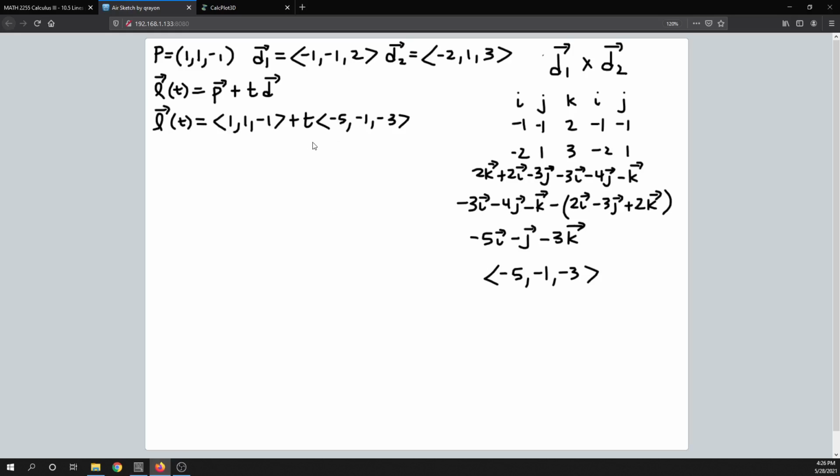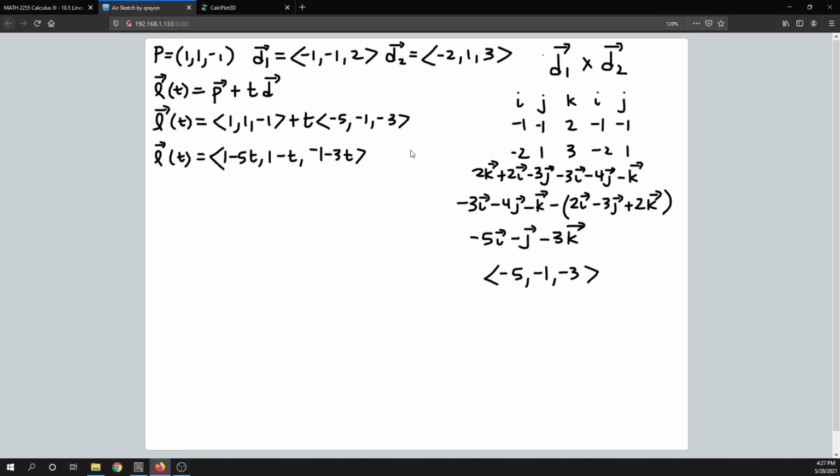All right, and so there is the vector equation for the line. And we can get the parametric equations by simplifying this out, carrying out these vector operations, scalar multiplying this t in, and then adding that vector to this first vector. So that is going to give us 1 - 5t for the first component, 1 - t for the second component, and -1 - 3t for the third component, like so.